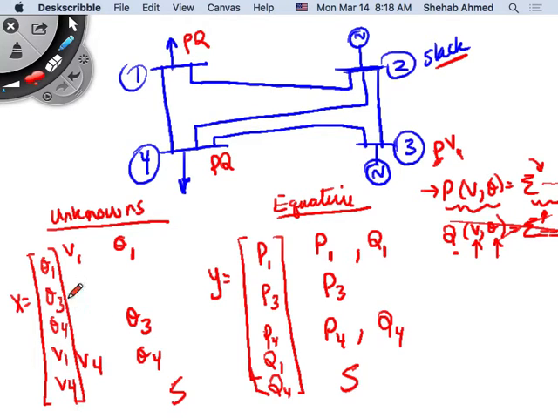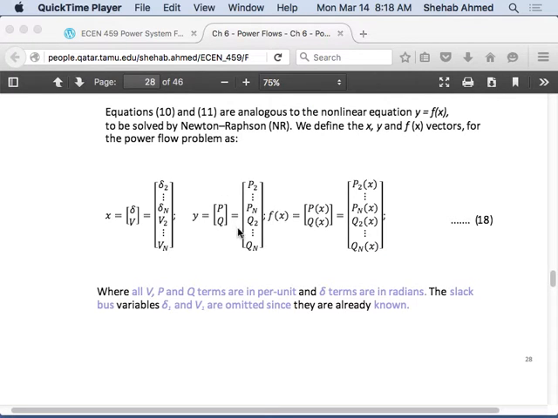Okay, so now I have my x vector, my y vector, and then what else do I have? My f of x, this P of x and Q of x, is the right-hand side. The equation, that summation. Remember, my left-hand side is equal to my summation, right?